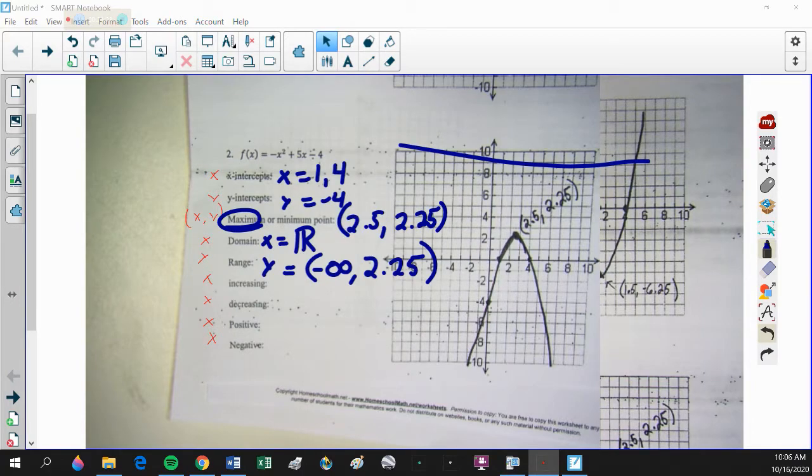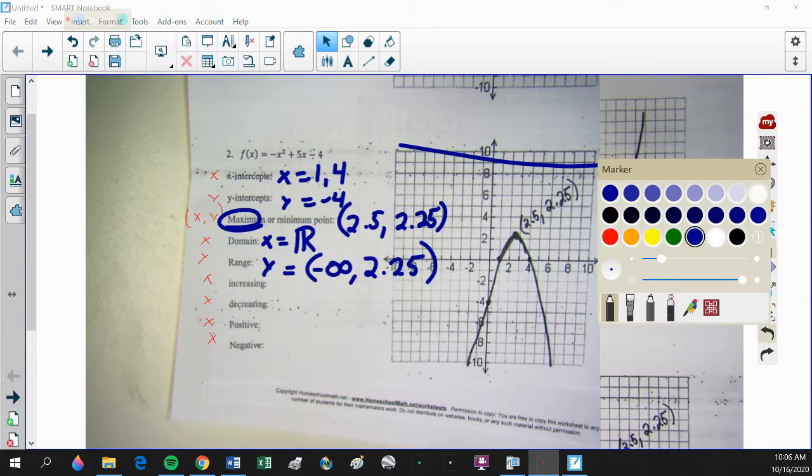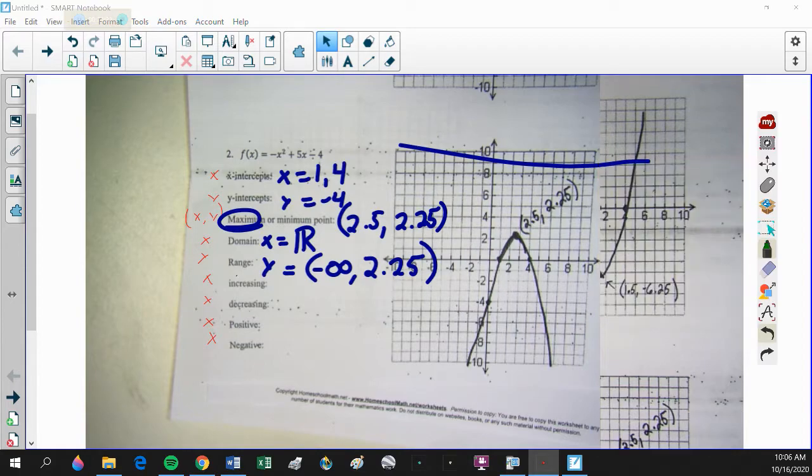Okay, now we pull out our colored pencils. And we highlight increasing. Where is this graph increasing? When is the car going uphill? The left side. That's when the car is going uphill.